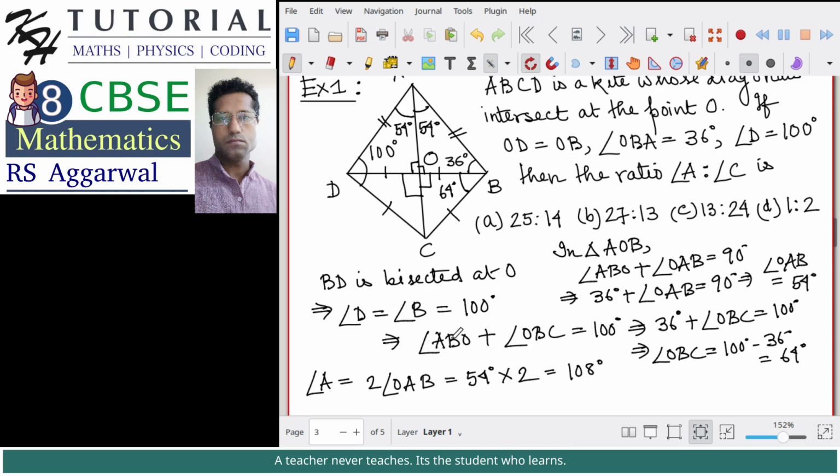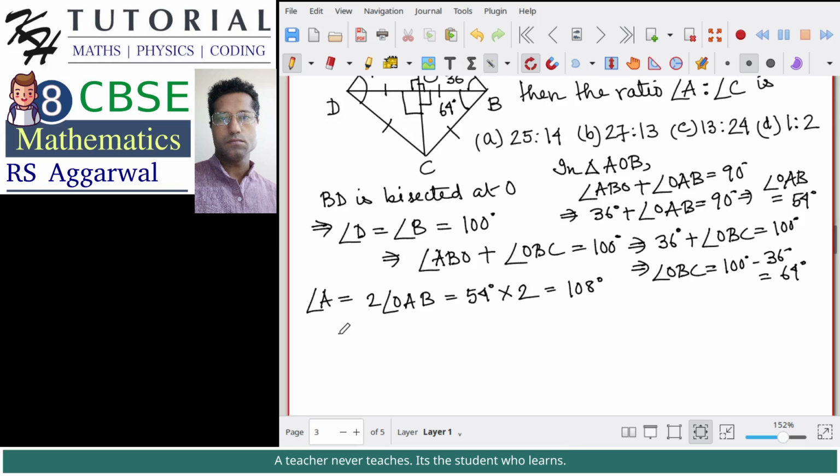Now we need to find angle C. Similarly, angle C is also bisected by the diagonal AC, and in triangle OCB we must have angle OCB plus angle OBC equal to 90 degrees, because one angle is already 90 degrees in triangle OCB.